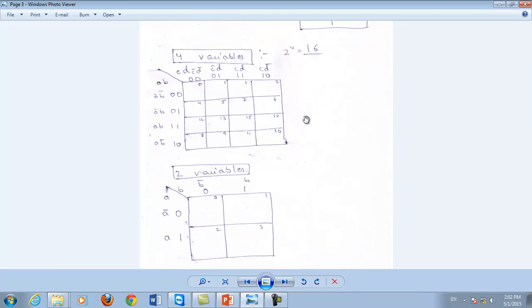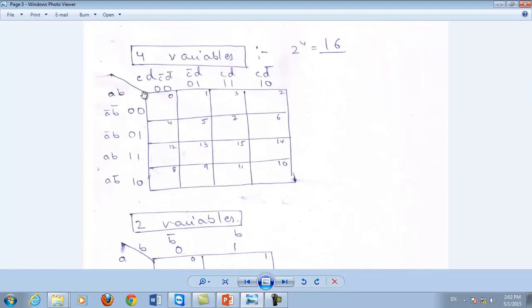Similarly, in case of 4 variables, that is A, B, C, D, the variables are divided into 2 parts, that is A, B and C, D. Because there are 4 rows and 4 columns, equal rows and equal columns, you can take AB for columns and CD for rows, or you can take AB for rows and CD for columns according to your choice.